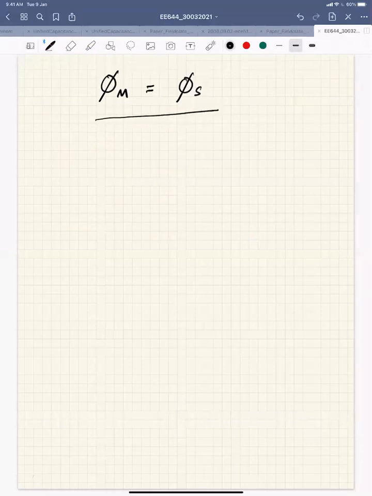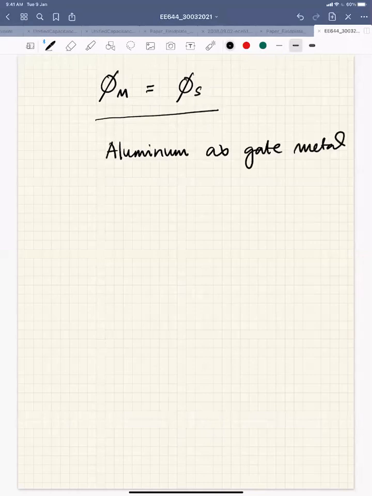In the late 1970s and 1980s, when MOS transistors were fabricated, people were using aluminum as the gate metal, right? Aluminum has a work function of around 4.1 electron volt.